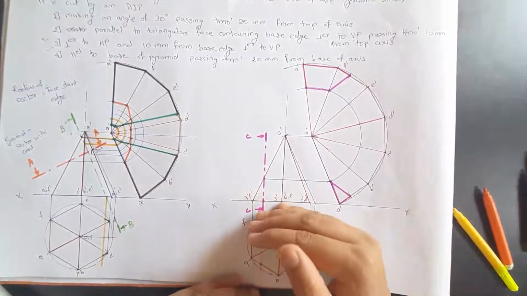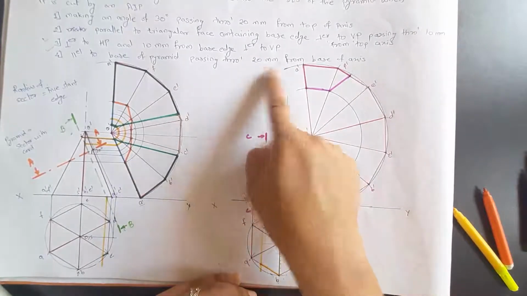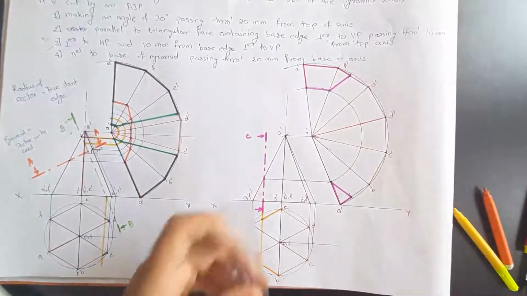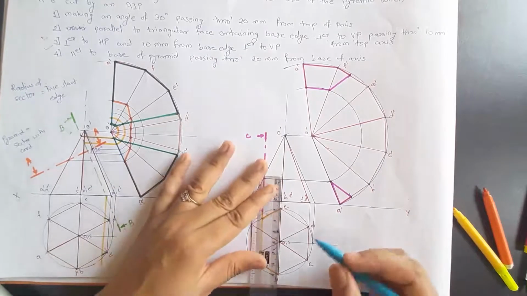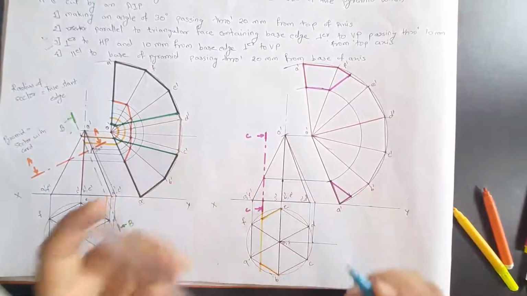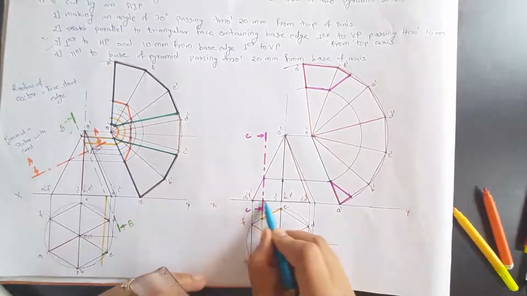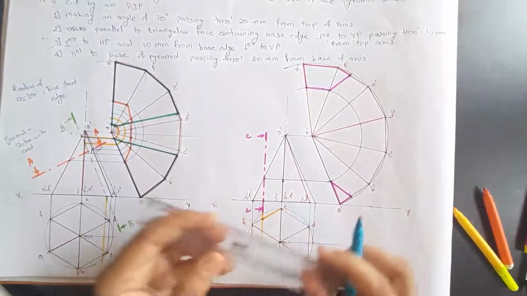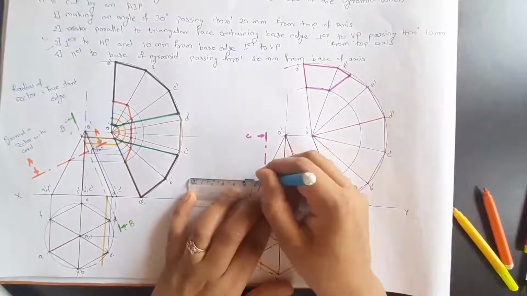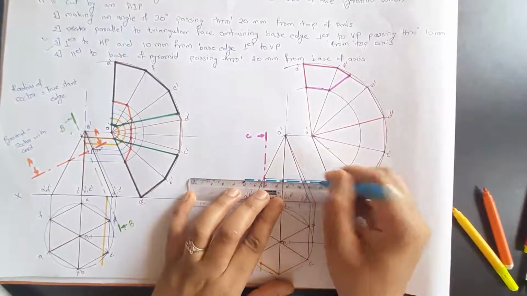So we have to draw an AIP which is parallel to this horizontal plane and it is passing through 20 mm from the base of the axis. So first mark the distance of 20 mm from the base of the axis. So here is the 20 mm. It is given that AIP is parallel to base. So this is the base. So we have to draw a cutting plane which is parallel to that base, like this.